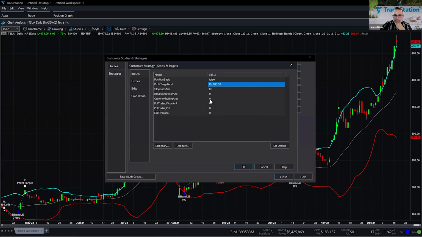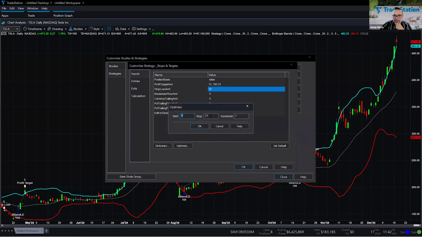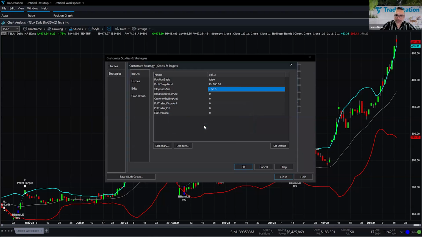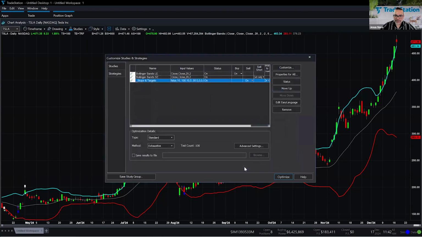All right. And on the stop loss, I'm going to do something similar. I'm going to go to 5, all the way to 50 in increments of 5. So 5, 10, 15, 20, and so forth until it reaches 50. I'm going to click OK. And I'm just going to click on OK down here. That is going to give me a test count of 100.